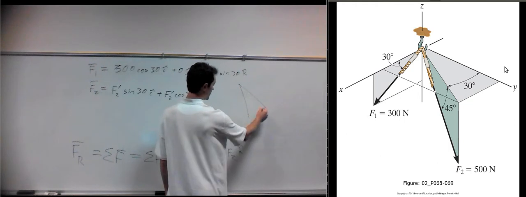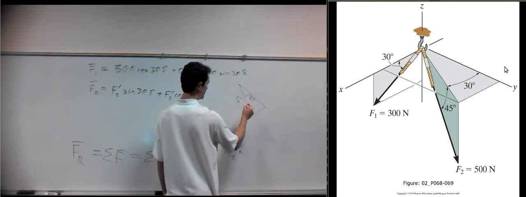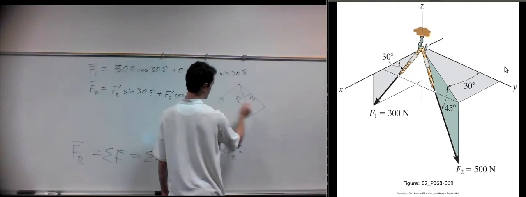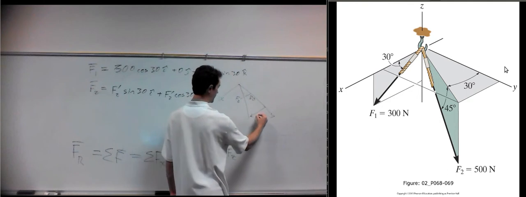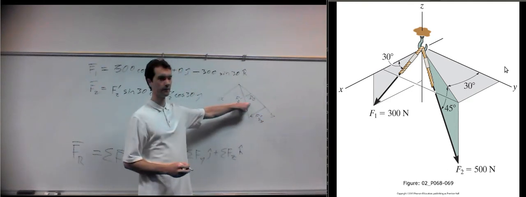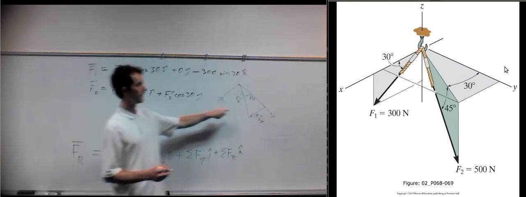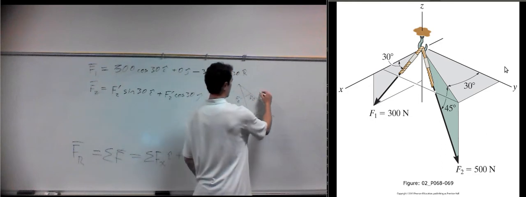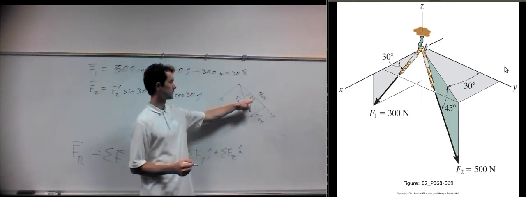So I'll draw that triangle again. Here's 30. There's F2 prime, and this is x, and this is y. So the x component of F2 prime is opposite the 30 degrees. So that's why we use sine of 30 for the x component. And then the y component, F2 prime y, this side here, is adjacent to the 30 degrees.